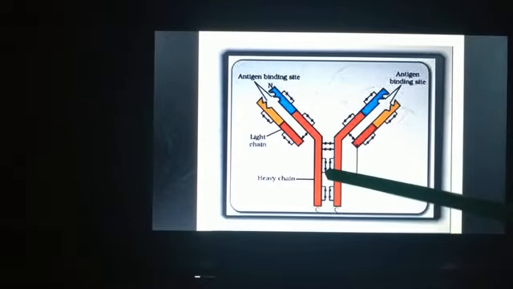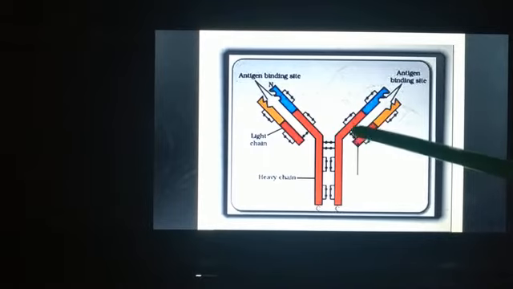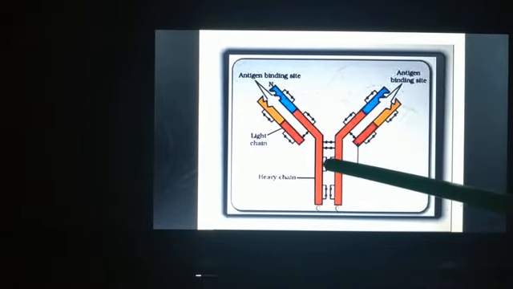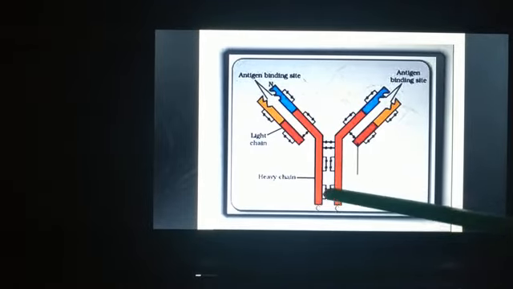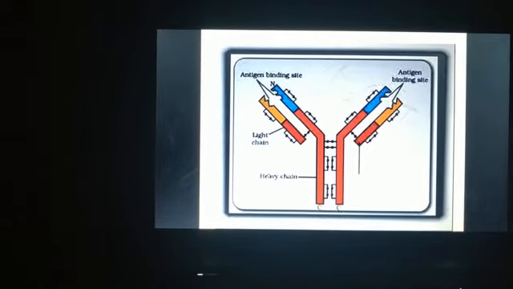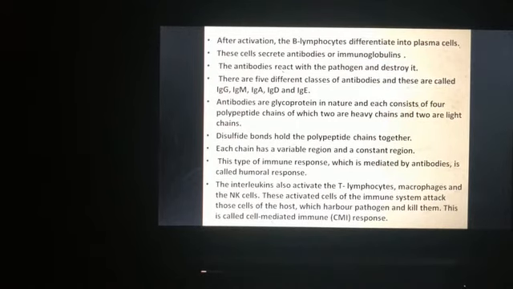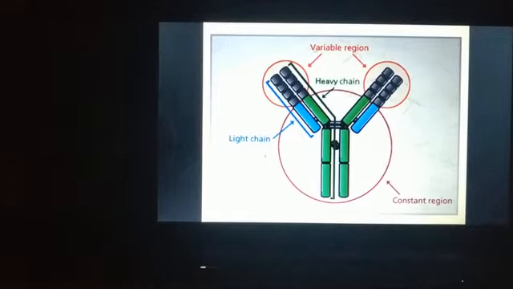Students, these are the bridges, can you see? These are the disulfide bonds, where a sulfur bond is present. Each chain has a variable region and a constant region.